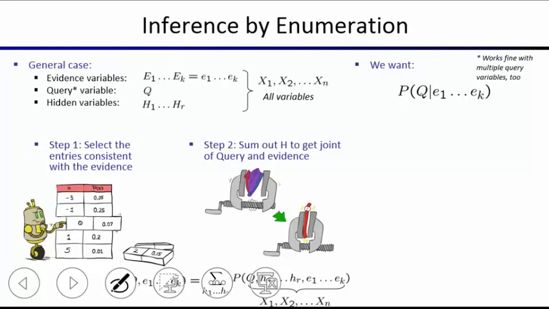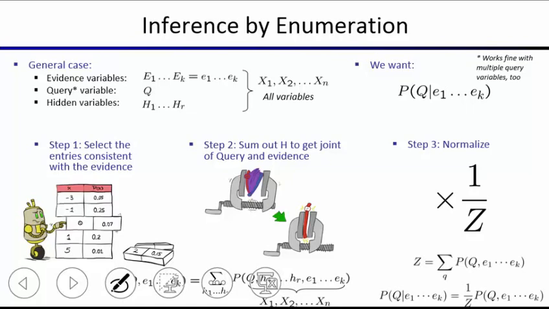To make that into the conditional, we need to renormalize this table, and we get the conditional for query given evidence. This is something you can apply whenever you're given a full joint distribution, and you're turning that into an answer to this query. So in principle, we could apply this when we're given a BayesNet. We could turn our BayesNet into a full joint distribution and apply this procedure.